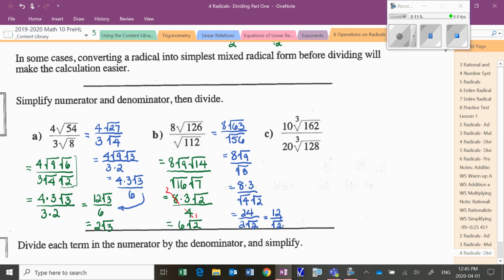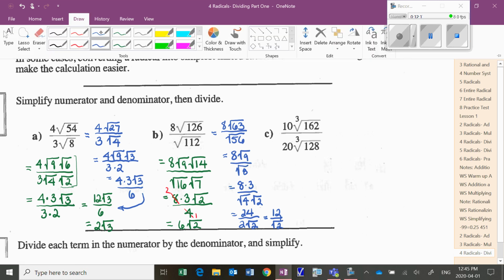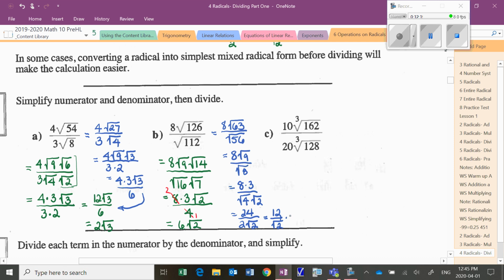So we'll get into that a little bit more later, but the idea is that we don't like having a radical in our denominator. But if you recall, when we looked at multiplying radicals, what we know is that if I multiply two radicals that have the same index of 2 and the same radicand, then we end up with just that radicand. So if I multiply by root 2 over root 2, because by multiplying the same top and bottom it's like multiplying by 1, the value doesn't change.